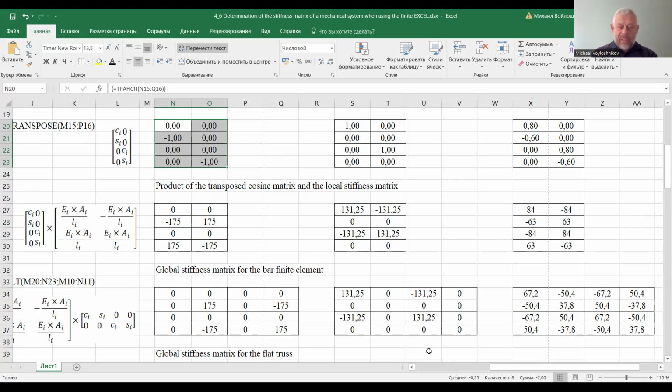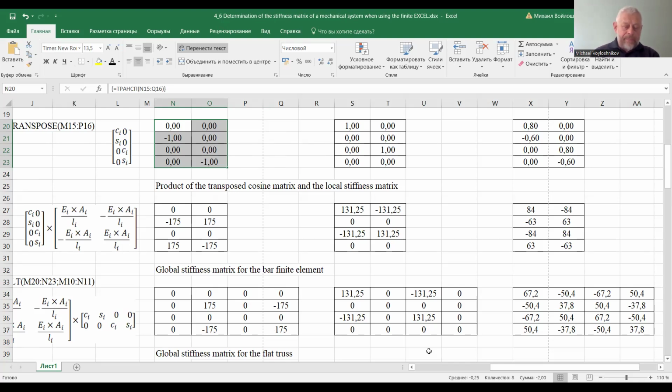That's why the size of the matrix in the global coordinate system is 4. This is a two-dimensional matrix, yes, but of size equal to 4.